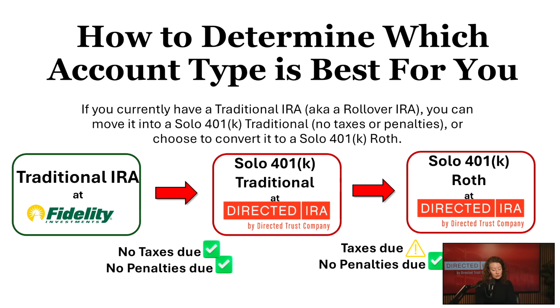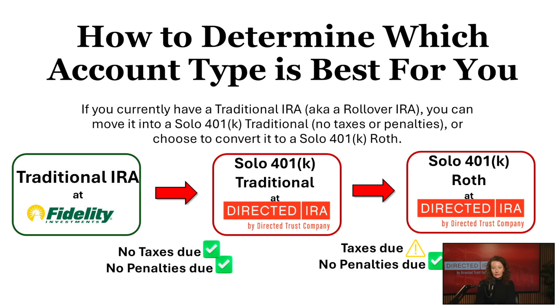So if you've got a traditional IRA with Fidelity right now, you can open a solo 401k traditional and Roth with us. You can move that traditional IRA into the solo 401k traditional, no taxes, no penalties. You can then also choose to do a conversion from the solo 401k to the solo 401k Roth.